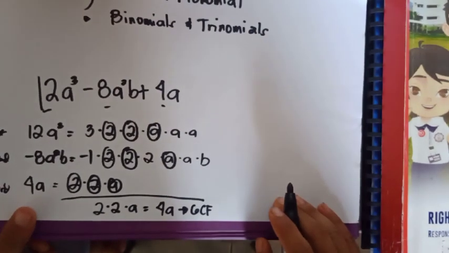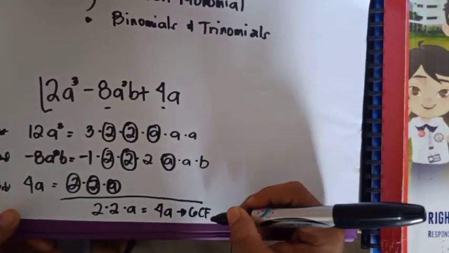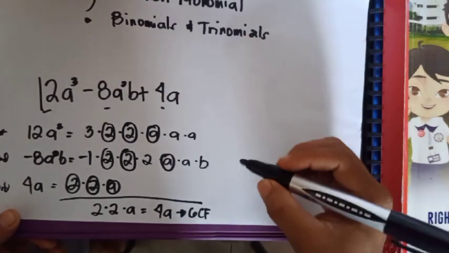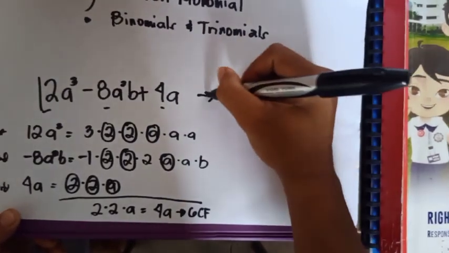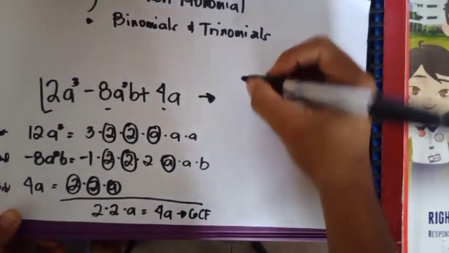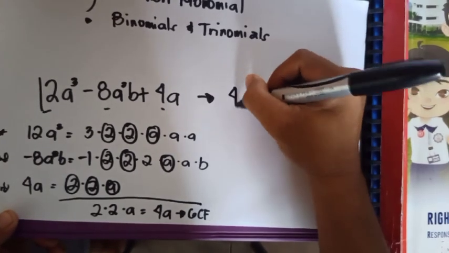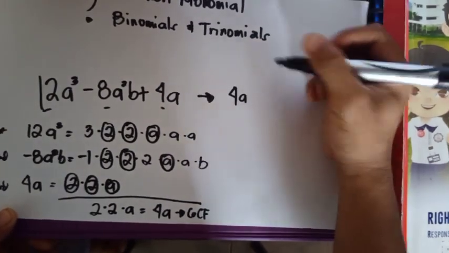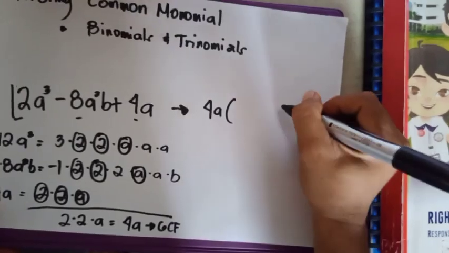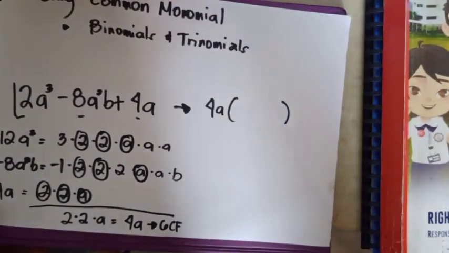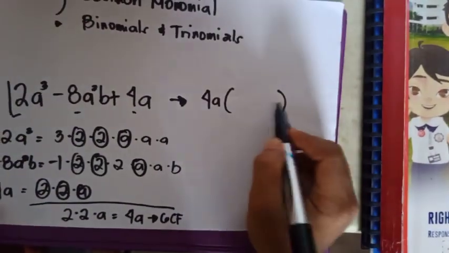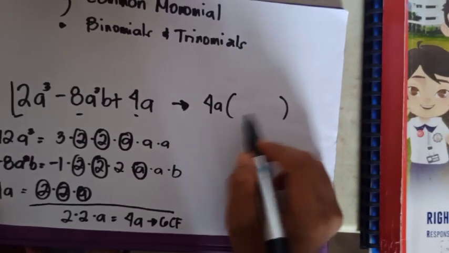Now, since we have the GCF, to factor this out, you need to write the GCF and then put parentheses. Now, this will be the other term.